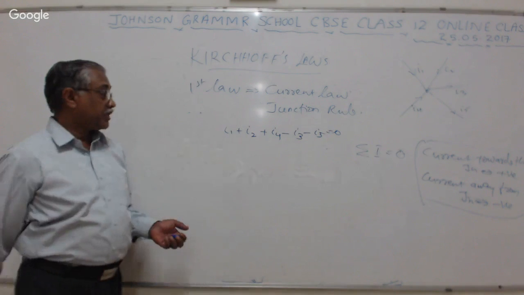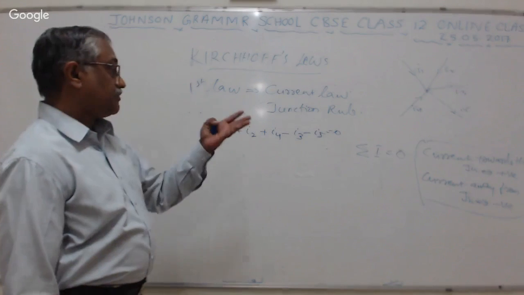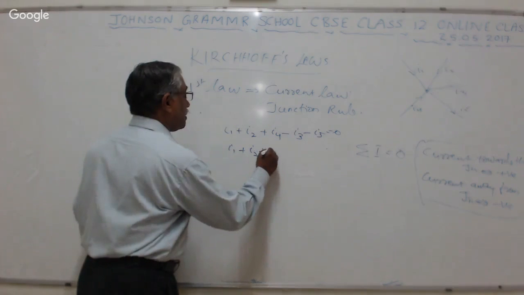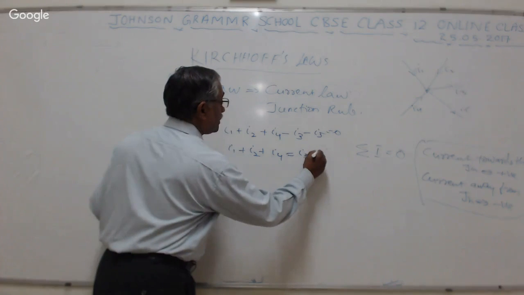So this is the equation: I1 plus I2 plus I4 minus I3 minus I5 equals 0. Or we can say I1 plus I2 plus I4 is equal to I3 plus I5.